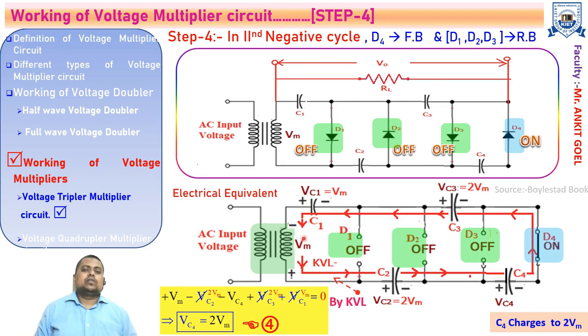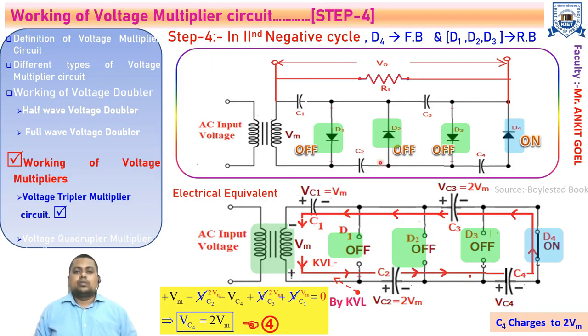So substitute the values Vc1 as Vm, Vc2 as twice of Vm, Vc3 as twice of Vm. So you will get the voltage across the capacitor C4 as twice of Vm, that is Vc4 equals twice of Vm, meaning the capacitor will be charged to twice the peak input voltage, right? So this is the state after the 2 complete cycles.